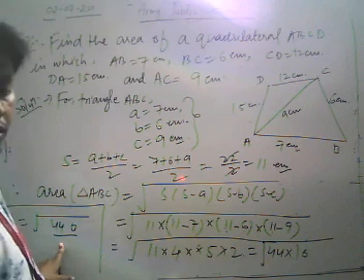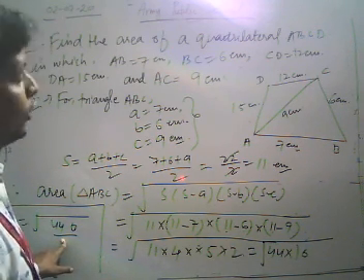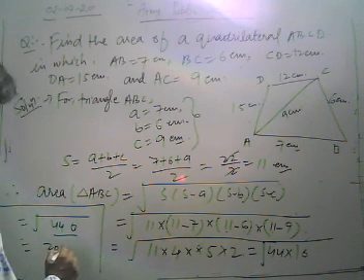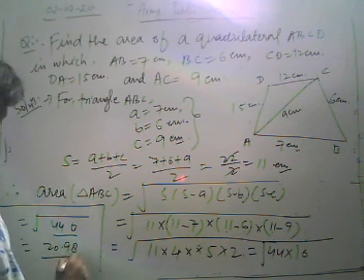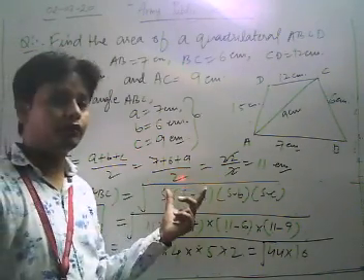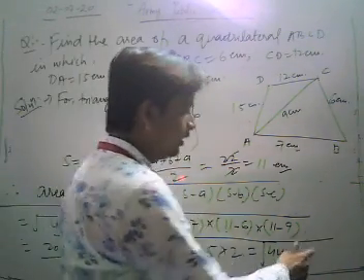The square root of 440 is 20 point something, that is 20.98 centimeter square. This is the area of triangle ABC.